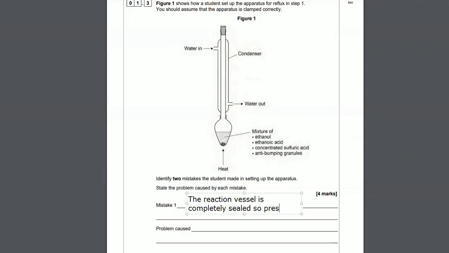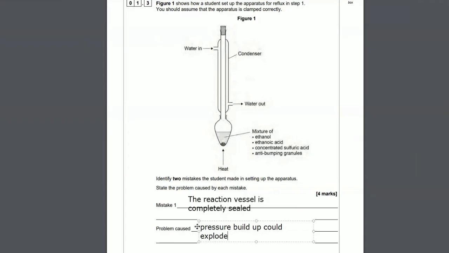So pressure, well, that's the mistake. And the problem is pressure build-up could explode. I'm not talking about like a bomb explosion, but yeah, you could have the lid fly out and your contents go everywhere. So that's going to get us 2 marks. It did say there's 2 mistakes and we need to say the 2 problems. So I'm going to scroll down for the next one.